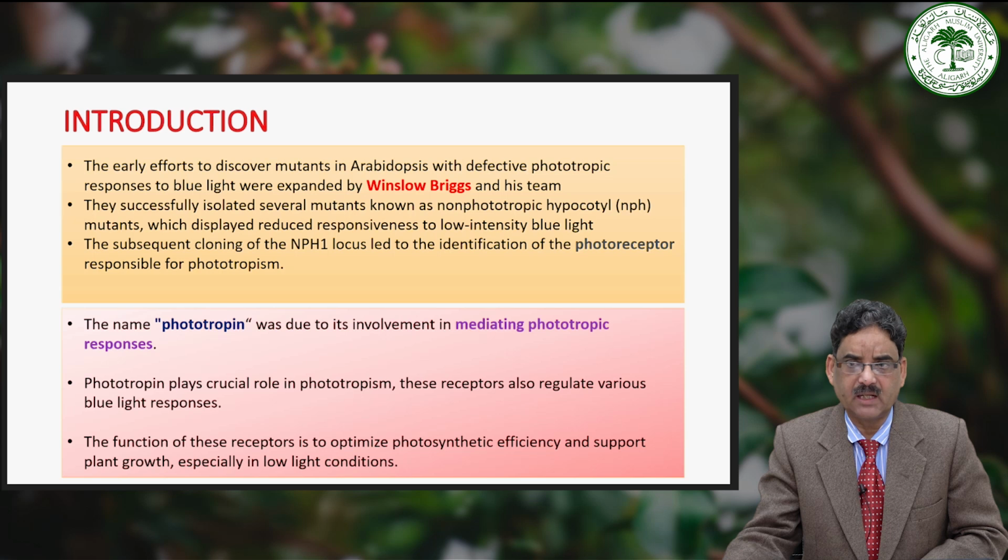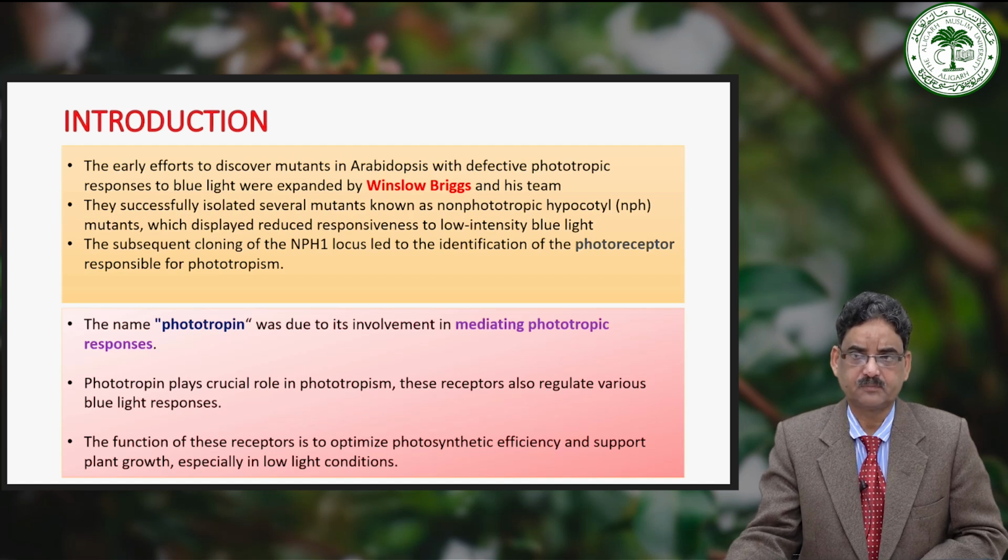The subsequent cloning of the NPH1 locus unveiled the photoreceptor responsible for phototropism, aptly named phototropin. This protein not only mediates phototropic responses but also regulates various blue light responses, collectively enhancing photosynthetic efficiency and facilitating plant growth, particularly in low light conditions.